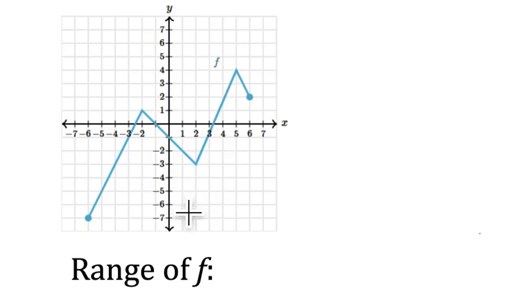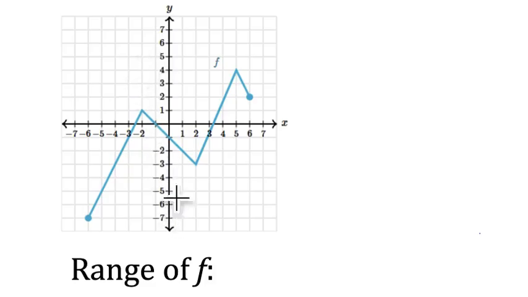Here we have another zigzagging function, and we are focused on the y values. Well, the lowest y value is -7, and moving up the y-axis, this function has y values all the way up to 4. Notice that we don't stop at 2 because the function goes above y equals 2, and it goes all the way up to y equals 4.